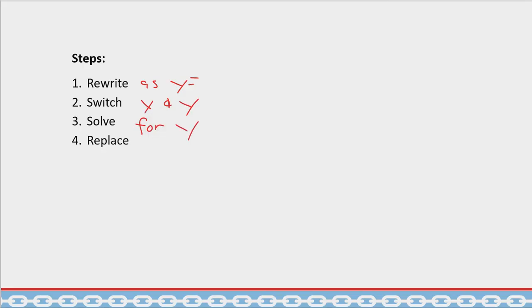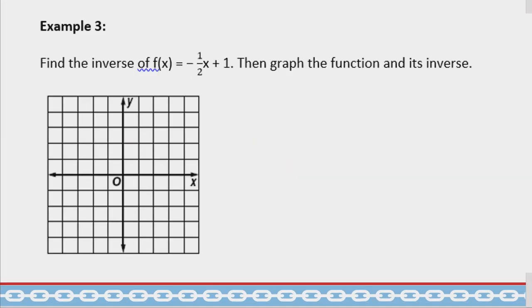And then you're going to replace y with f to the negative 1 of x. And that's the inverse. That to the negative 1 says inverse. That's what that means.